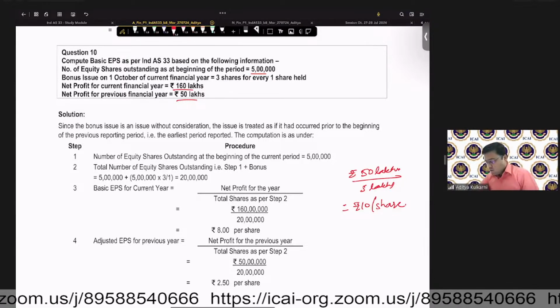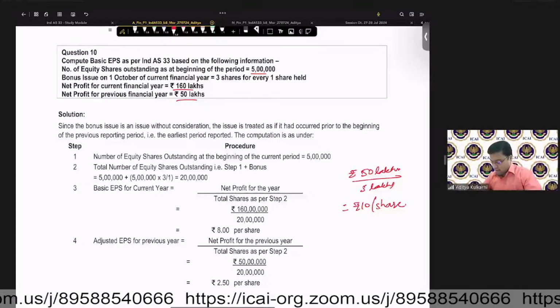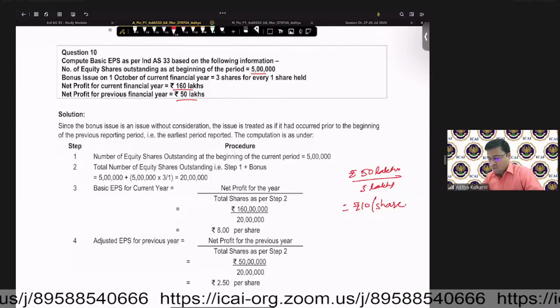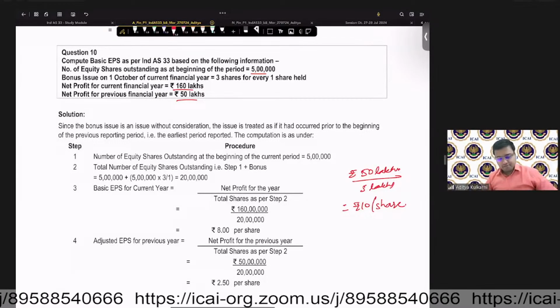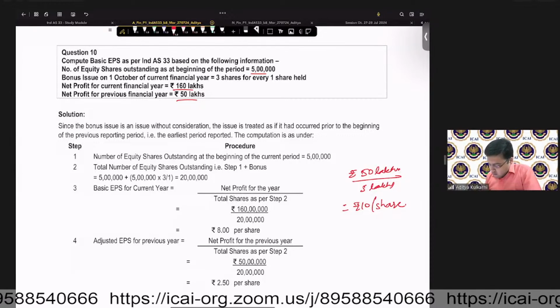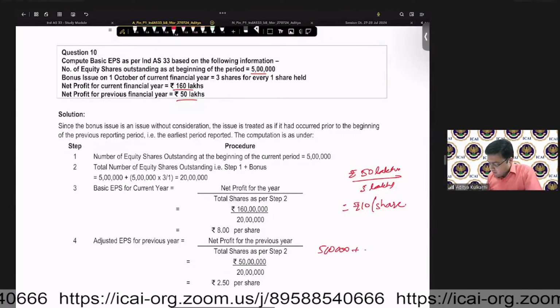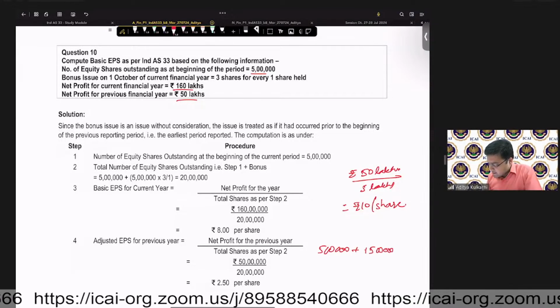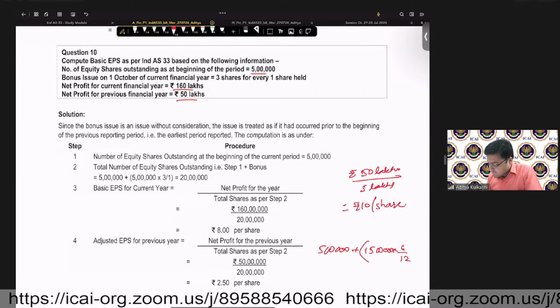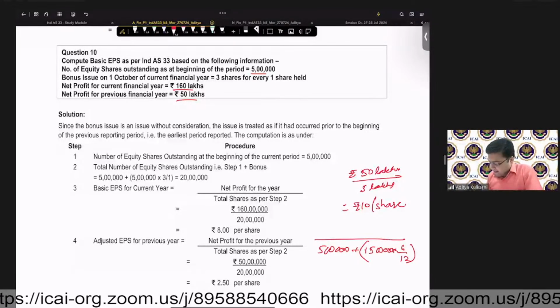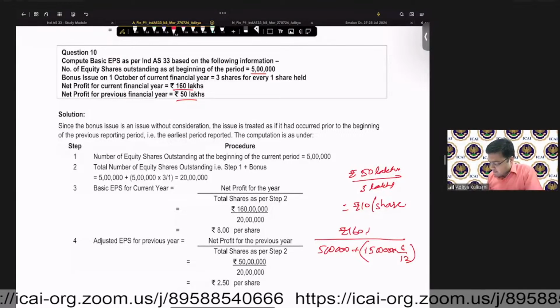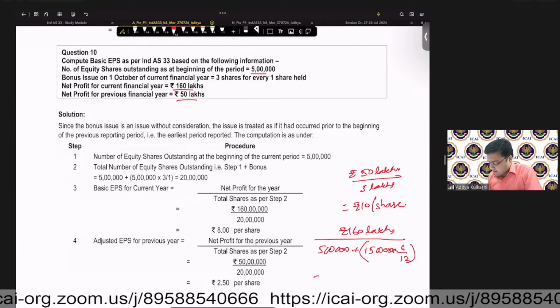So what you would be doing is, you would say, look, I have 5 lakh shares in the beginning, okay? And now I am getting 15 lakh shares into 6 by 12, divided into 160 lakhs.